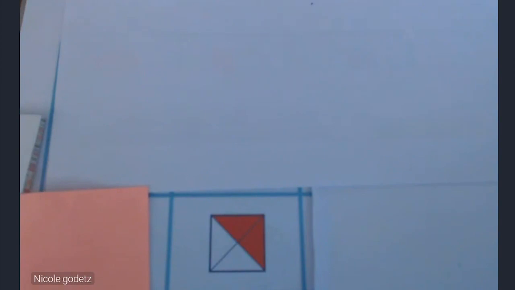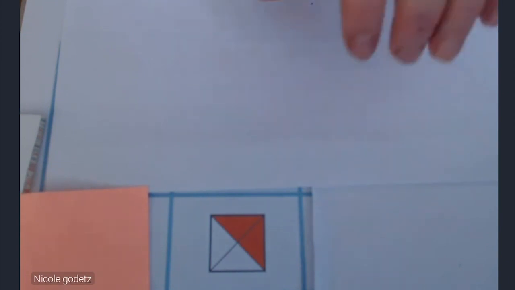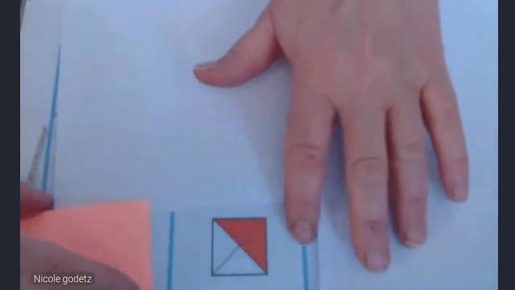How much is shaded? Which way are you going to write this? There are 2 obvious ways to write it. Yeah, 2/4 equals 1/2. Exactly. Challenge yourself. Write both of them. How much is shaded?